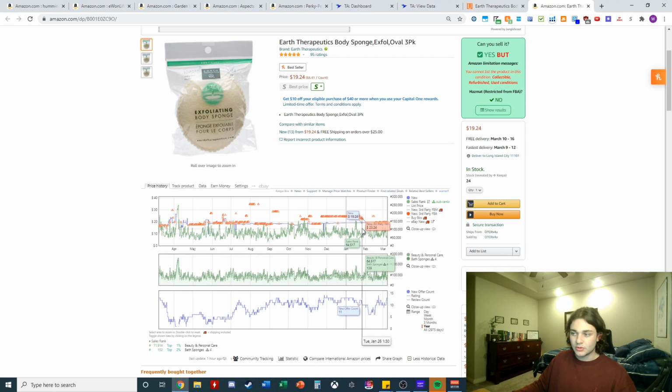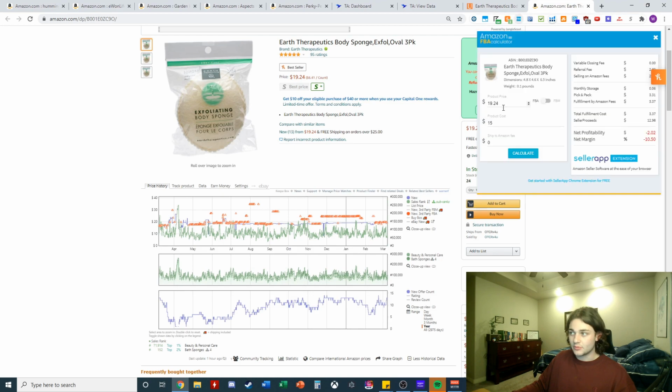Sometimes this blue line is going to be lower than the FBA price because the blue line just tracks new prices, so a lot of times that blue line will actually just be tracking FBM. If you're selling FBA, you can command a higher price because you're getting those faster shipping times, right? It looks like for a little while it was at that $25 price point. If you could get these sold at 25, that would probably be fairly profitable, but it looks like right now it's not, so maybe you could keep your eyes on it.